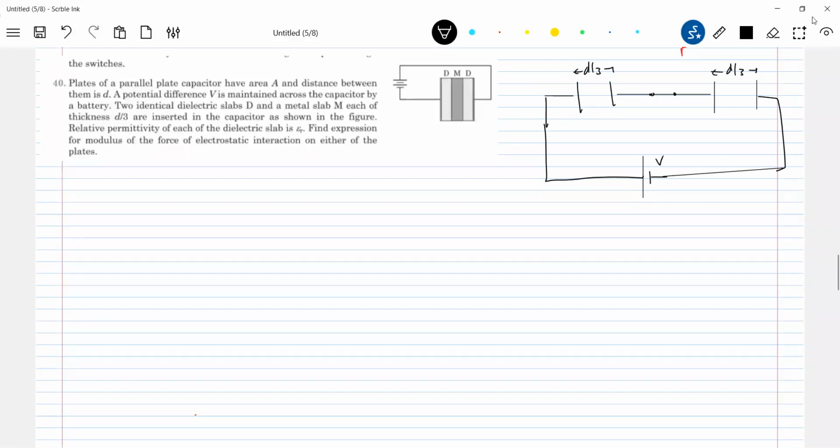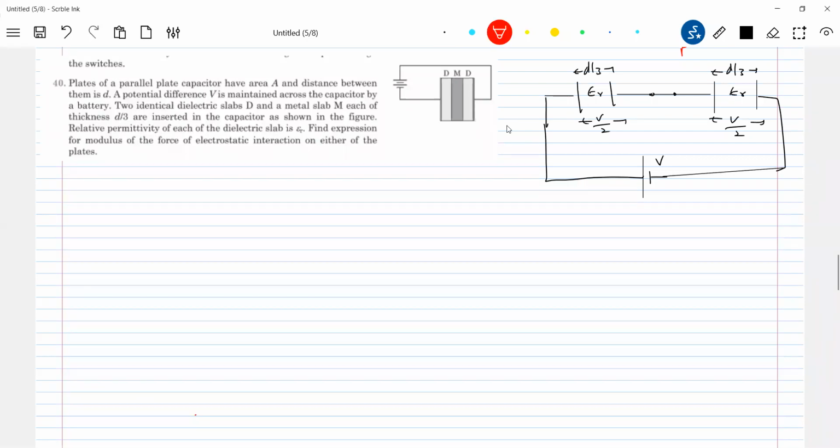Then here what will happen? The epsilon R, and V by 2, V by 2. And any charge will come here.